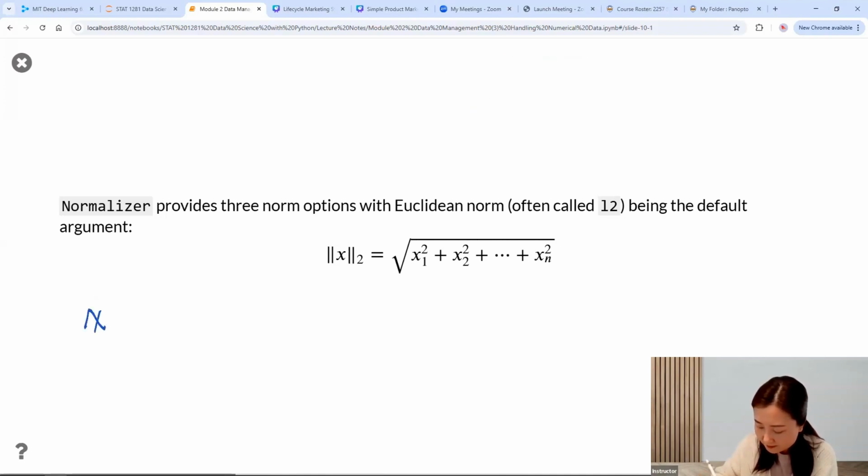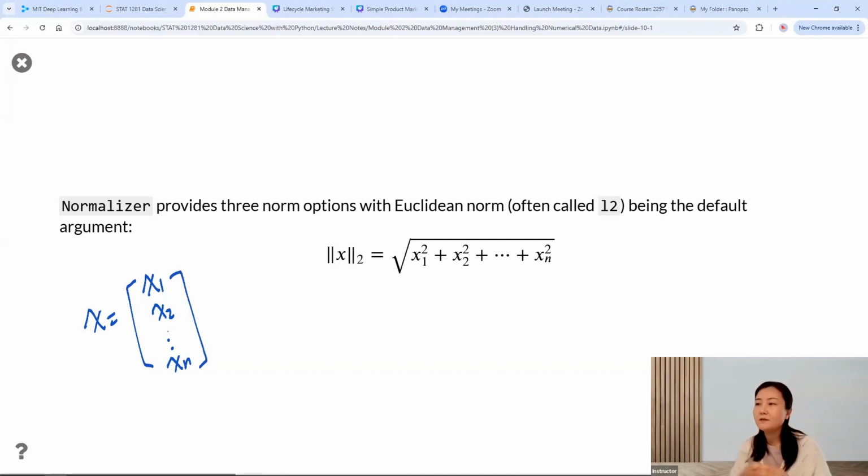And the norm is the square root of the sum of squares of all of the values. So this is the L2 norm.